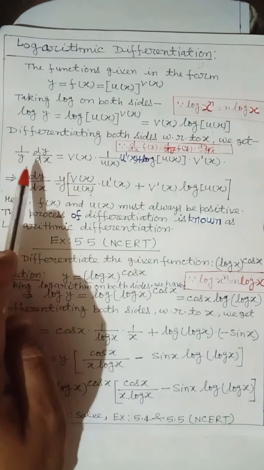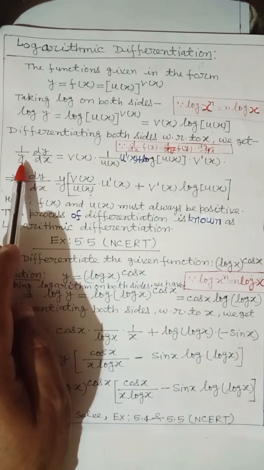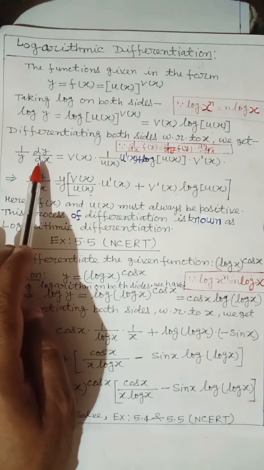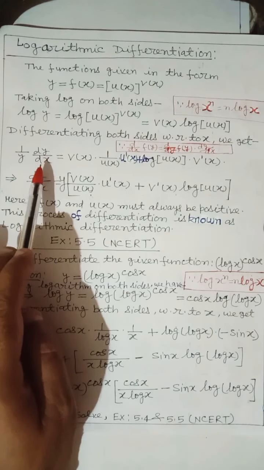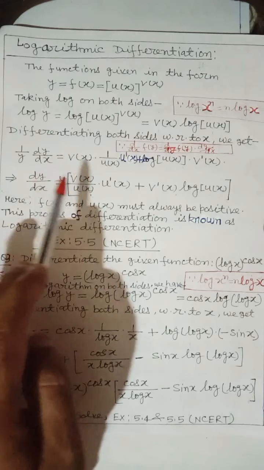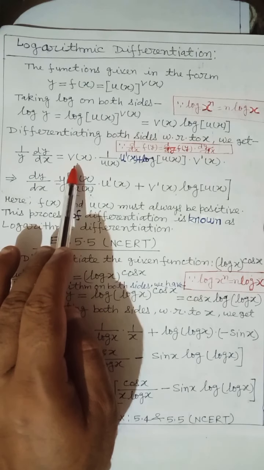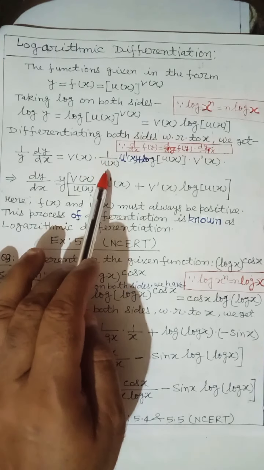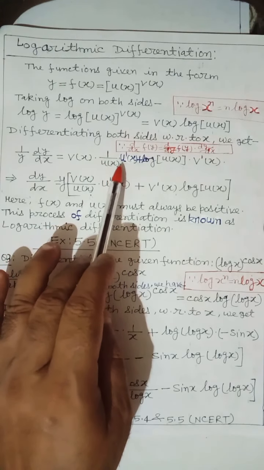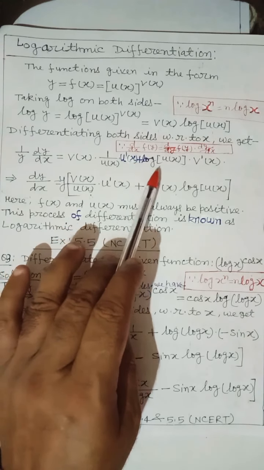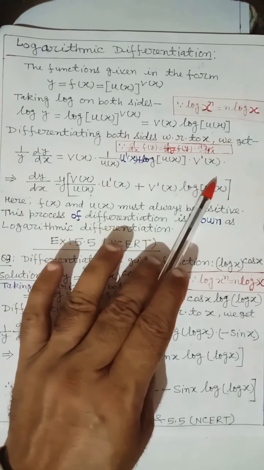Using this concept here, first we differentiate log y with respect to y, so we get 1 by y, and y again is differentiated with respect to x, we get dy by dx. So this is 1 by y dy by dx is equal to v(x) into 1 by u(x) into u'(x) plus log u(x) into v'(x).